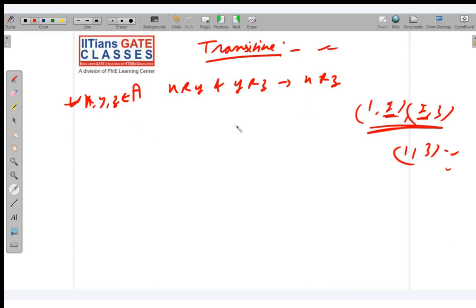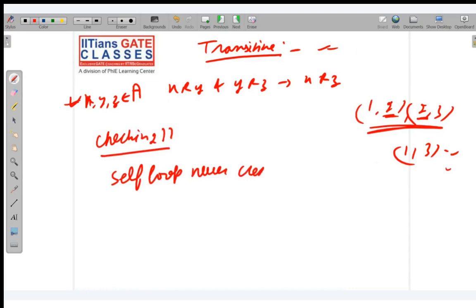For checking transitivity, a self loop will never create a problem. Why?